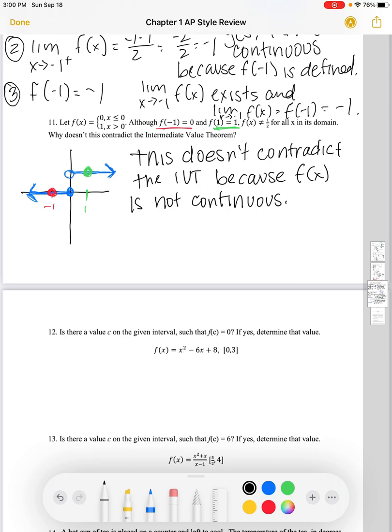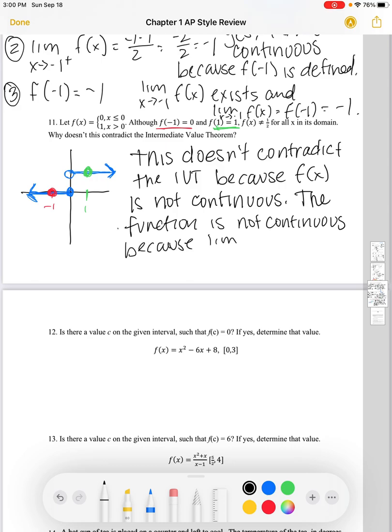We know that the function is not continuous because the limit as we approach 0 from the left of the function does not equal the limit as we approach 0 from the right.